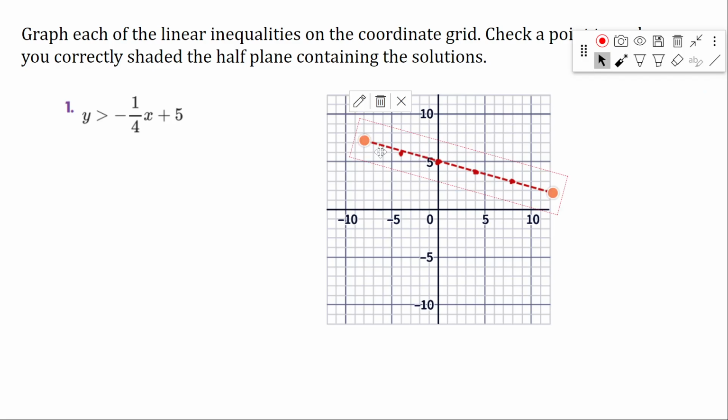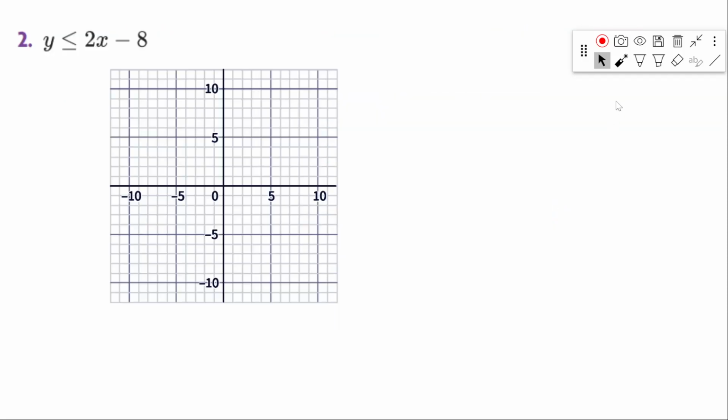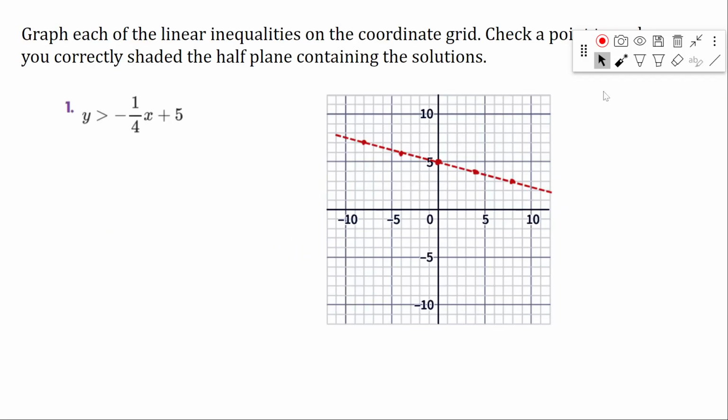Just like when you're graphing inequalities in one variable, we have open circles or solid filled in circles. We have solid lines for when it's equal to, and we have dashed lines. Since we can't exactly leave a line open, we have dashed lines to represent that the points on the line are not part of the solution set.